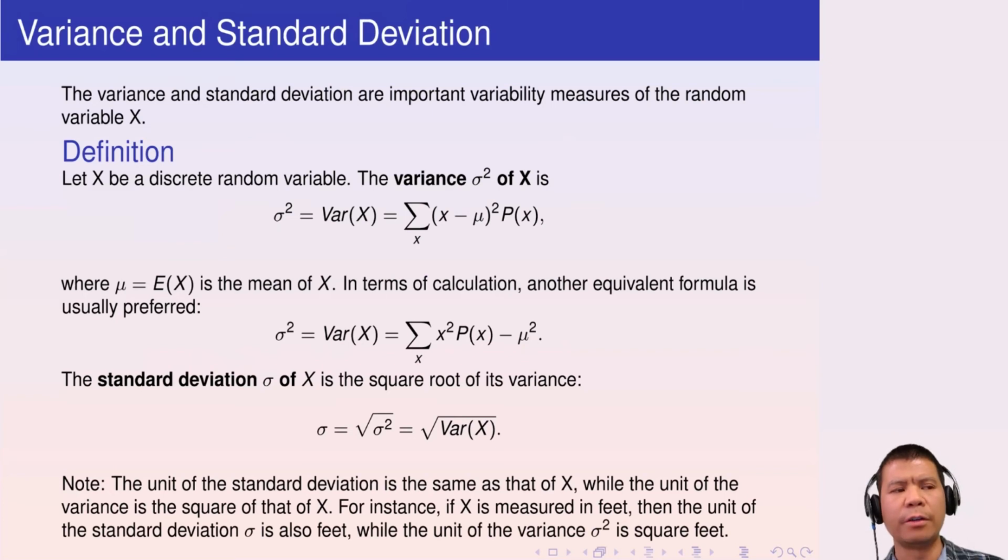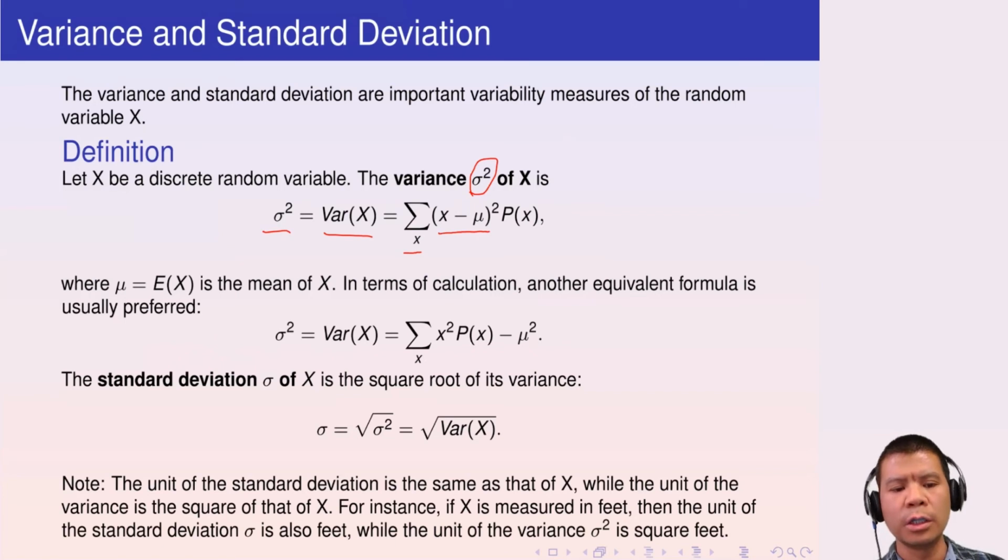So that's the variability. Now, there are two very important measures of variability. One is called the variance, the other is the standard deviation. Let's consider the definition of them. Let X be a discrete random variable. The variance, sigma squared, or you can write Var(X), equals the summation over x of (x minus mu) squared times p(x).